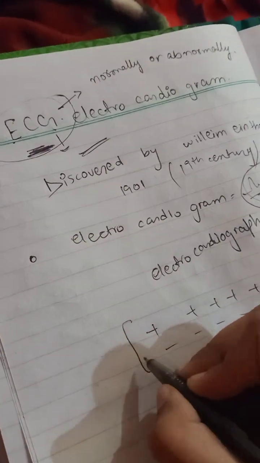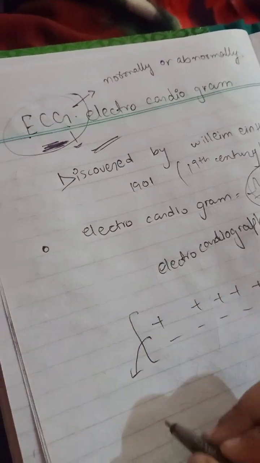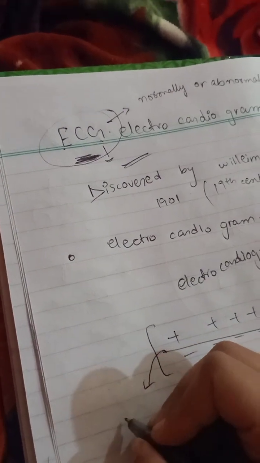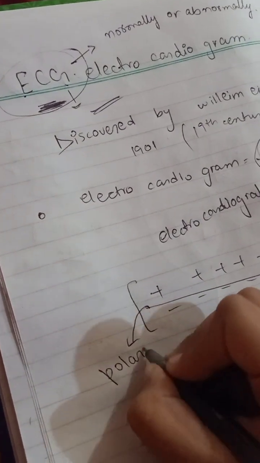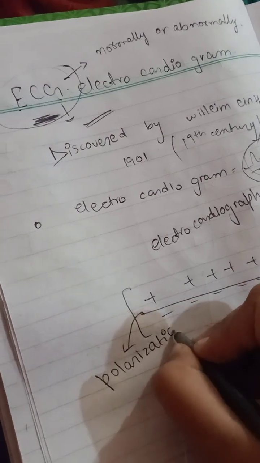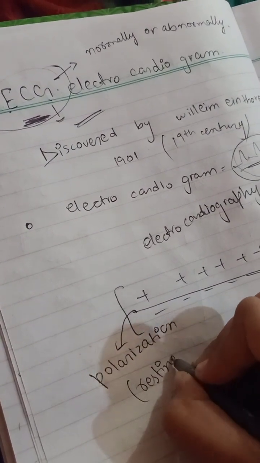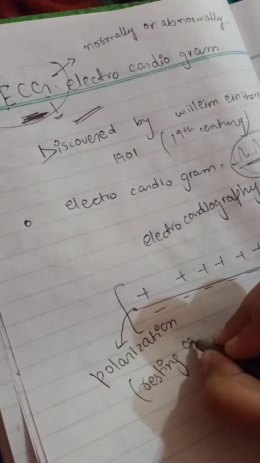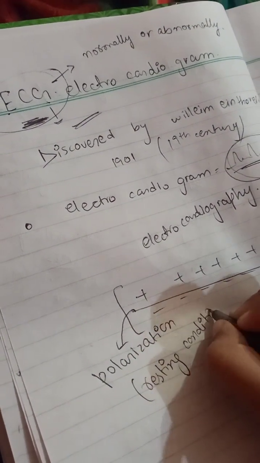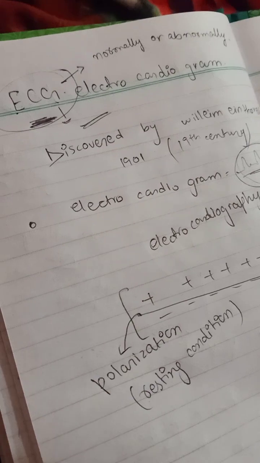This is a membrane. Here you can see this is the polarization. What does it mean? Polarization means this is the resting condition, there is no impulse.